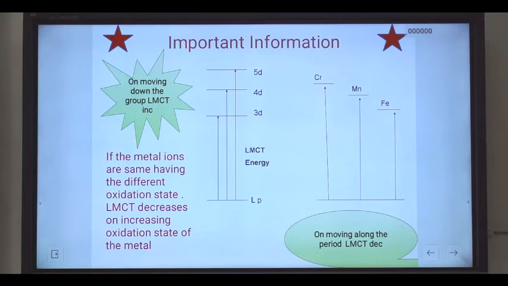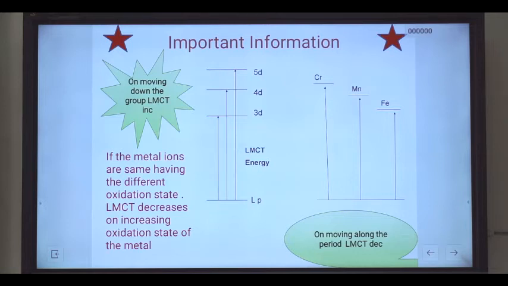Here the metal orbitals are 3d, 4d and 5d. Suppose I am considering the family of chromium, that is chromium, molybdenum and tungsten. Chromium is considered under the 3d orbital, molybdenum under the 4d orbital and tungsten under the 5d orbital.